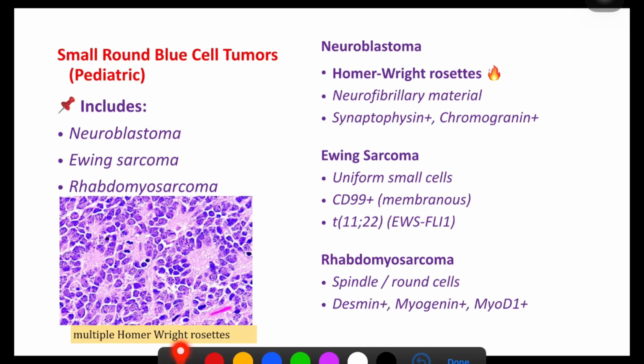If Ewing sarcoma, it will also have a uniform small cell, CD99 positive, which is membranous positivity, and there is t(11;22) and EWS-FLI1 cytogenetically characteristic. Rhabdomyosarcoma may show spindle or round cell, which is desmin positive, myogenin positive and MyoD1 positive. In all these tumors, primary tumor search is very necessary.